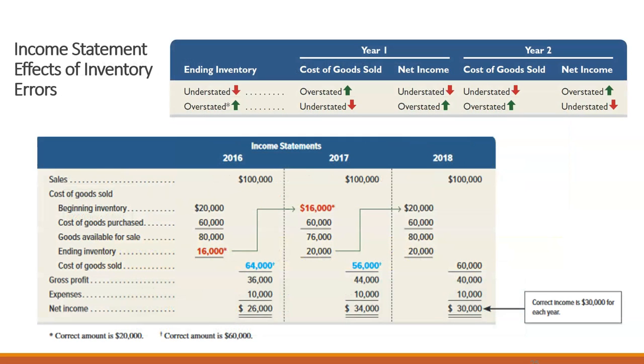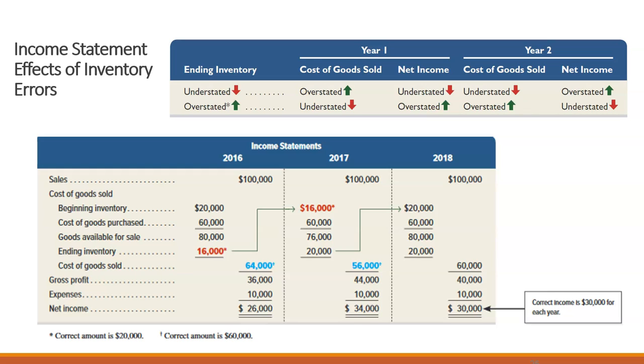When we're looking at the income statement effects of inventory errors, we can see that if our ending inventory is understated, it means we're carrying it on our balance sheet for less than we actually have in stock. We didn't do a physical inventory for some reason, or it's costed incorrectly, then our cost of goods sold is going to be overstated.